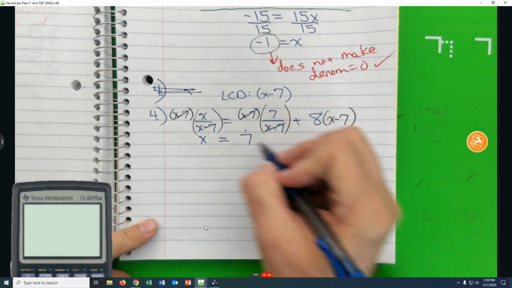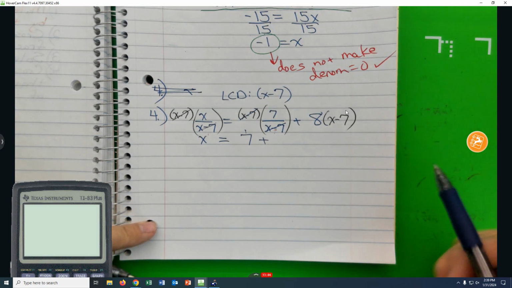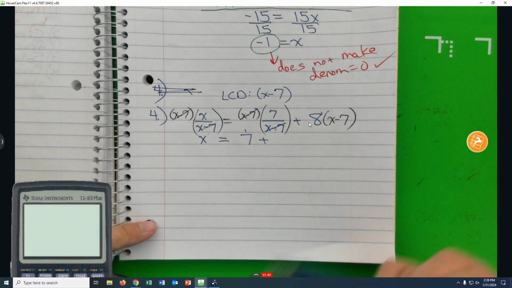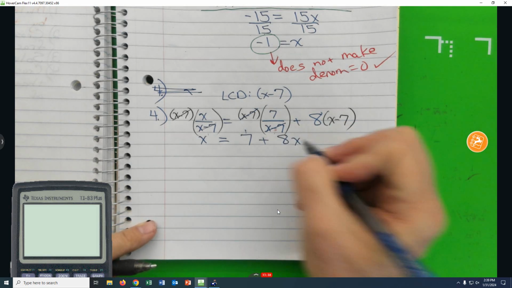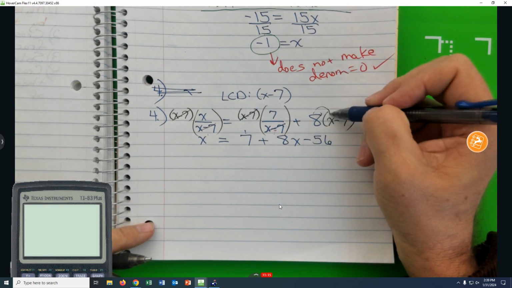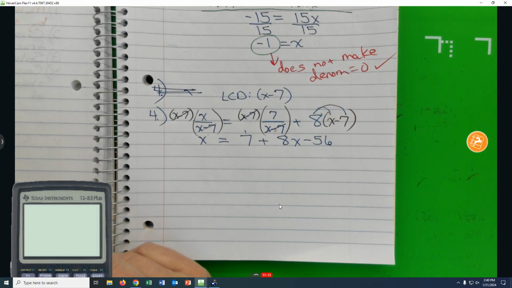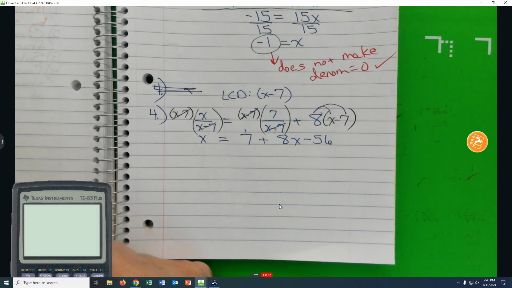Just the 7 plus what's going to cancel in the third product? Nothing. There's no fraction there. You just distribute the 8 to give you an 8x. And what else? Minus 56. I agree. 8 times x is 8x. 8 times negative 7 is a minus 56. This is nice again because there's no x squares, there are no quadratics, so we just have to combine our x terms together and then combine the things that don't have x's.